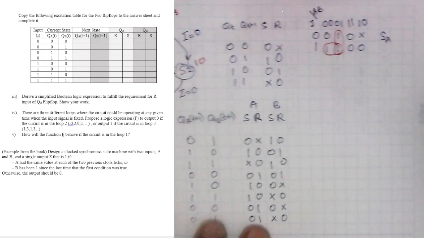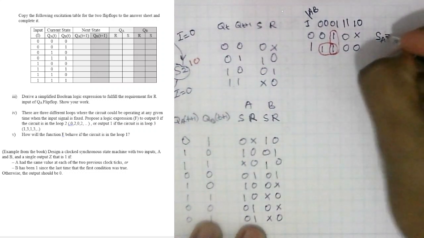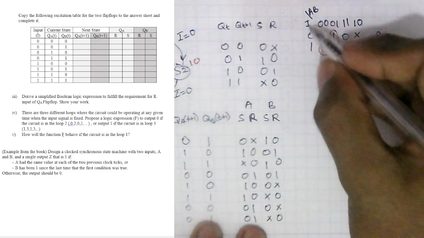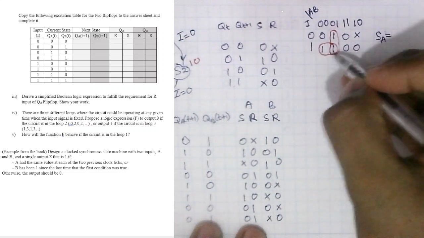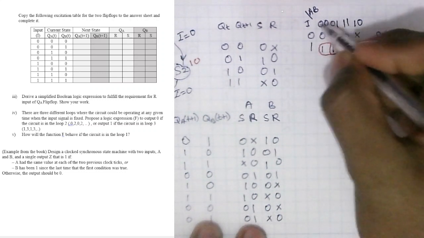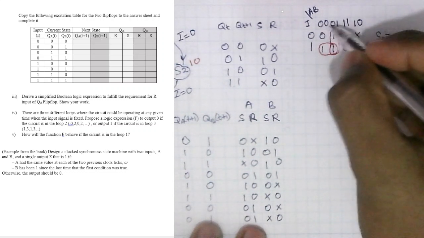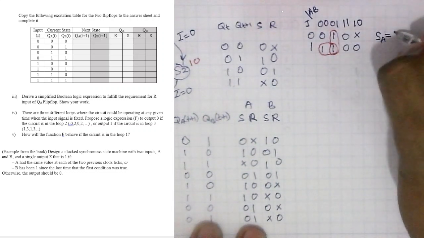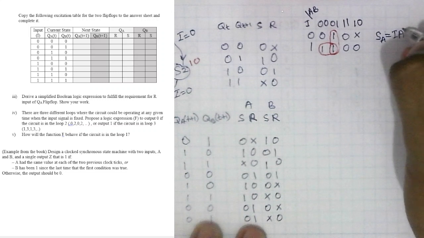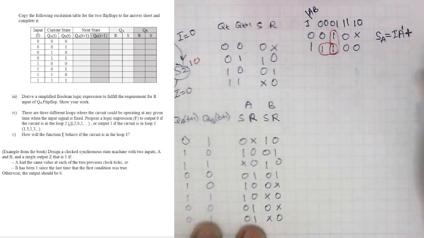And what is the signal now? I is 1, so I, and what is common for these two is A bar, right? A is 0 in both positions, so you can use I A bar. Plus, because we have another group to add.